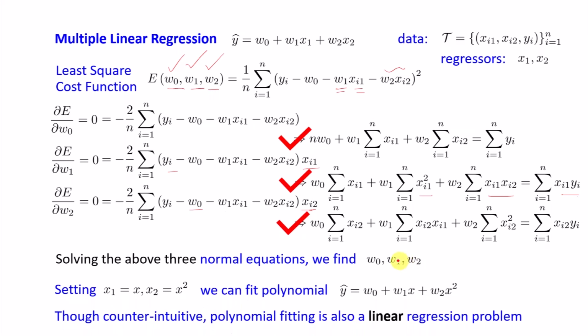Now you can see that if we set this x1 equals x and x2 equals x square, we'll be able to fit a polynomial of w0 plus w1x plus w2x squared type. Now this function looks like a nonlinear relationship between x and y, but then we can still use the procedure of linear regression to find this w0, w1 and w2.